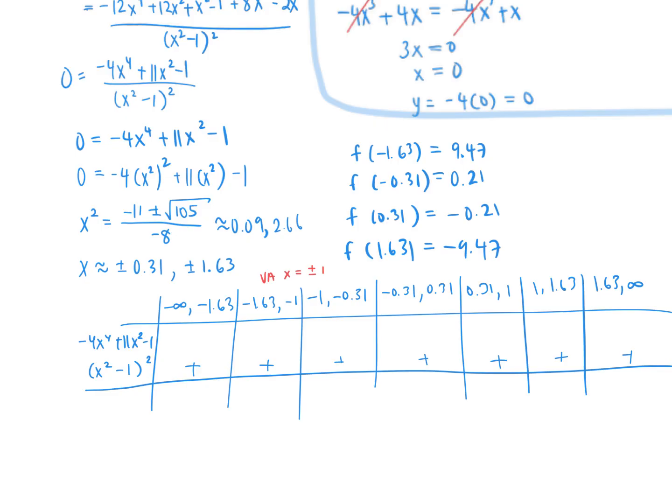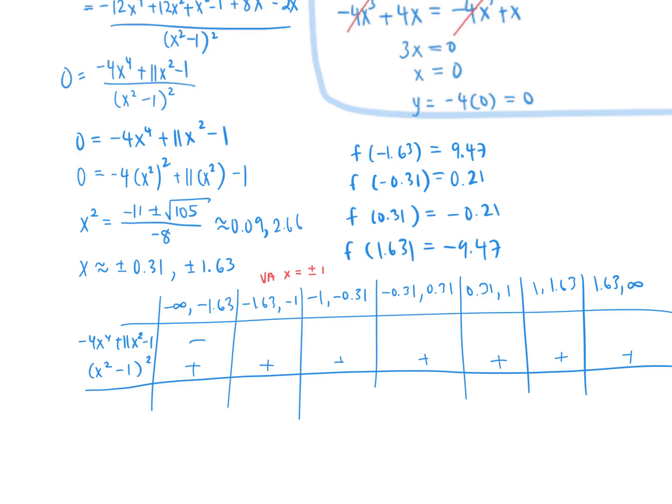So if I try, let's say, negative 2, and please feel free to pause the video here because I'm just going to do the sign analysis quickly. I've already done it, so I'm going to put the signs pretty quickly. If you want to pause to do it for yourself, please do. If I pick negative 2, I will get a negative value.